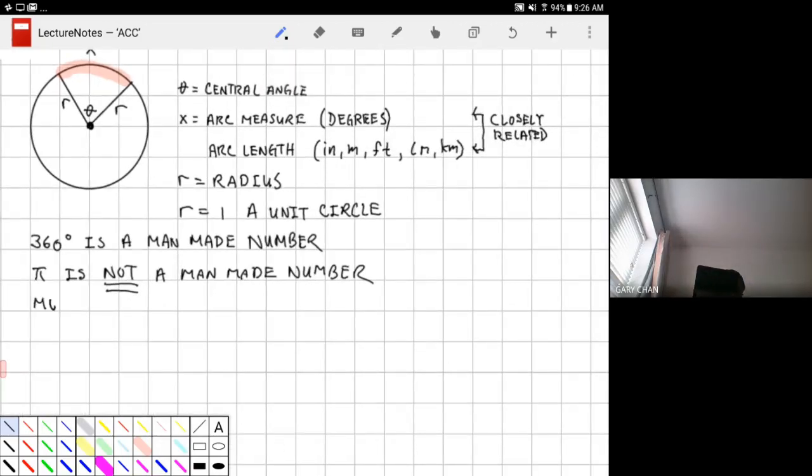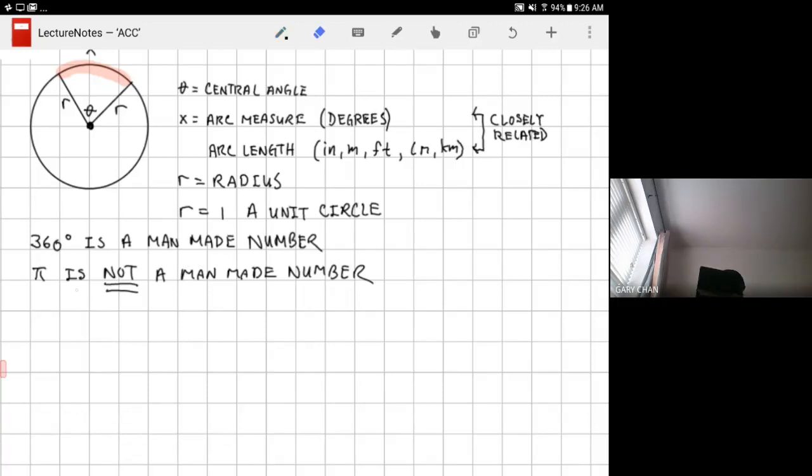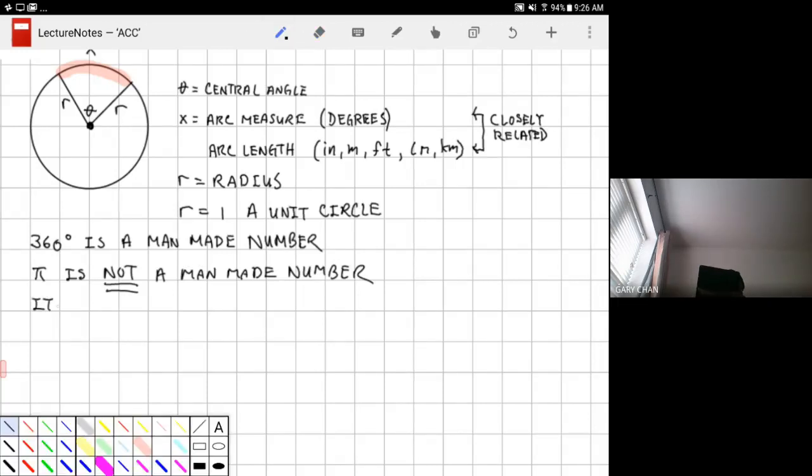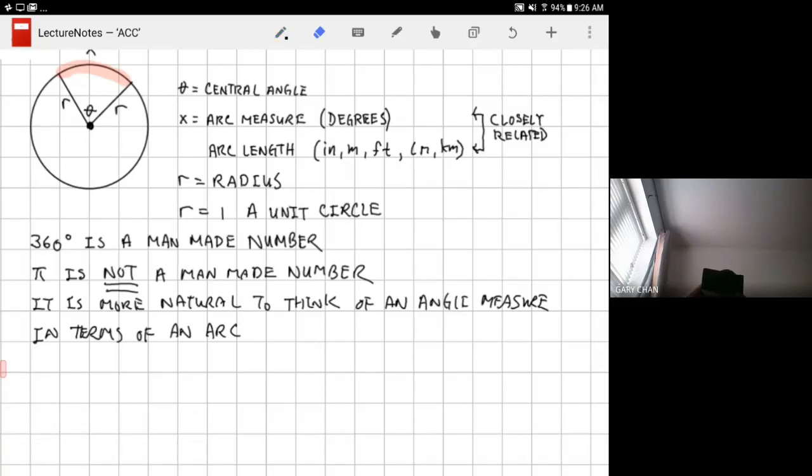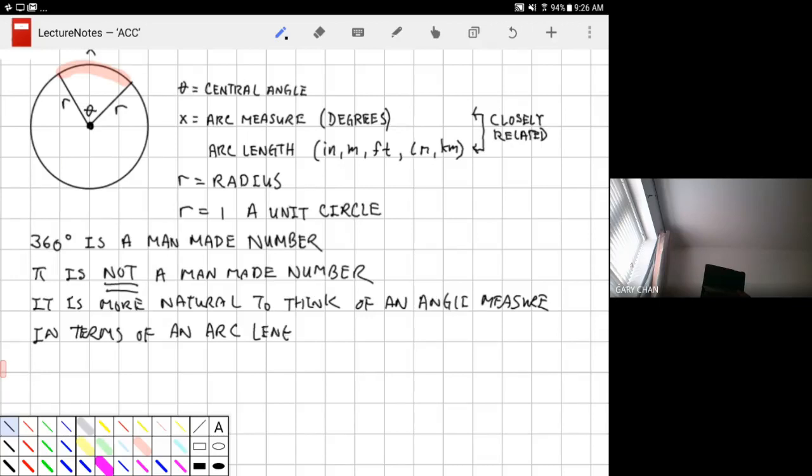It is actually more natural to think of an angle measure in terms of an arc measure, an arc length rather, rather than a degree.